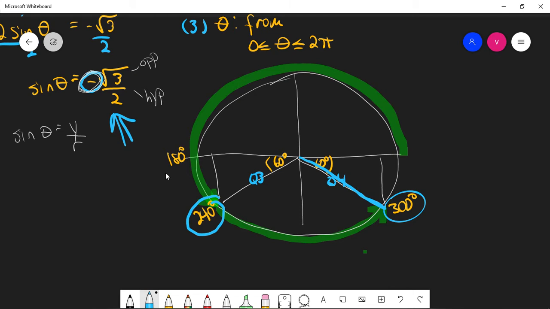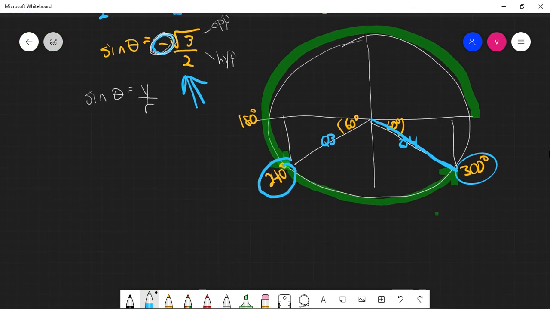All right, so here's your answer then for every single one. Your angle's going to be 240 degrees plus or minus every forward or backward rotation for all time.